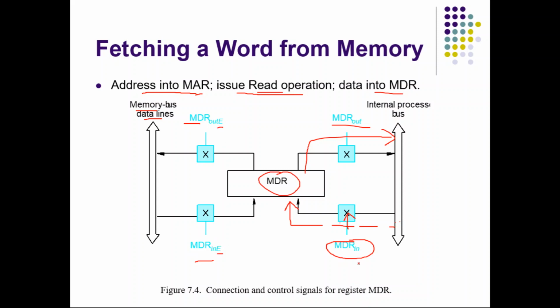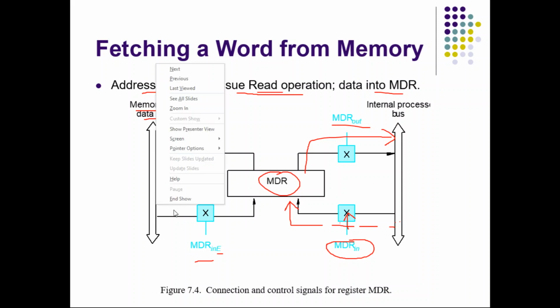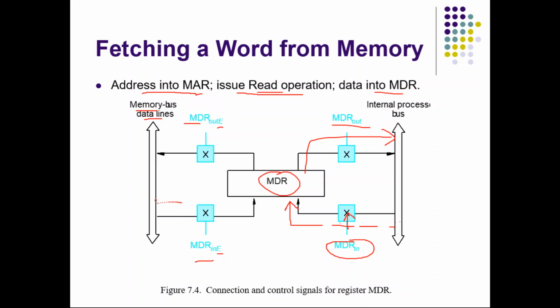If there is nothing, then it is with the internal bus. Just MDR in means read data from the internal bus. Just MDR out means write the content of MDR to the internal bus. MDR in E means whatever data is available in the external bus will be read into MDR.